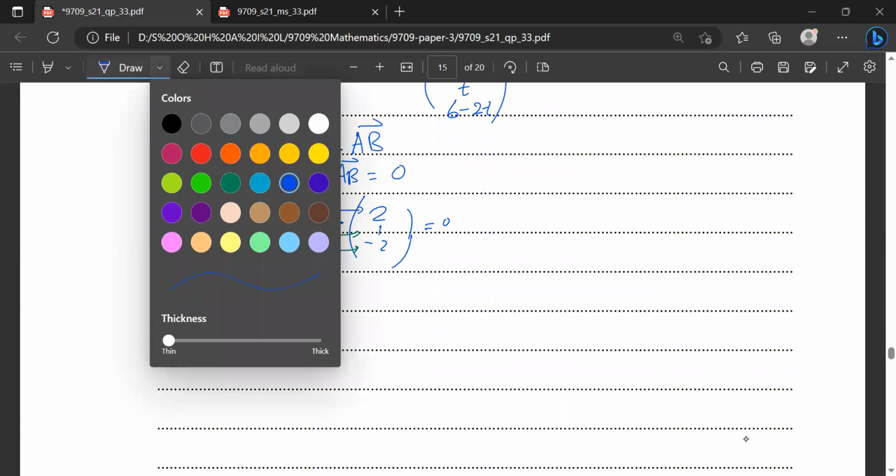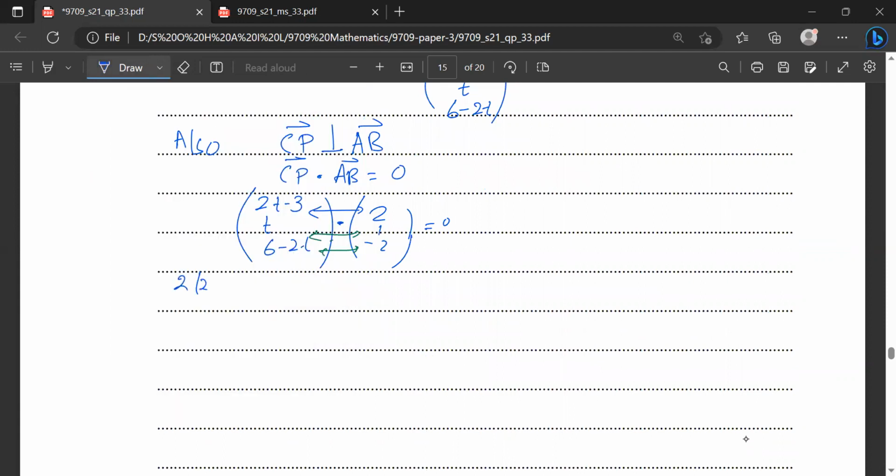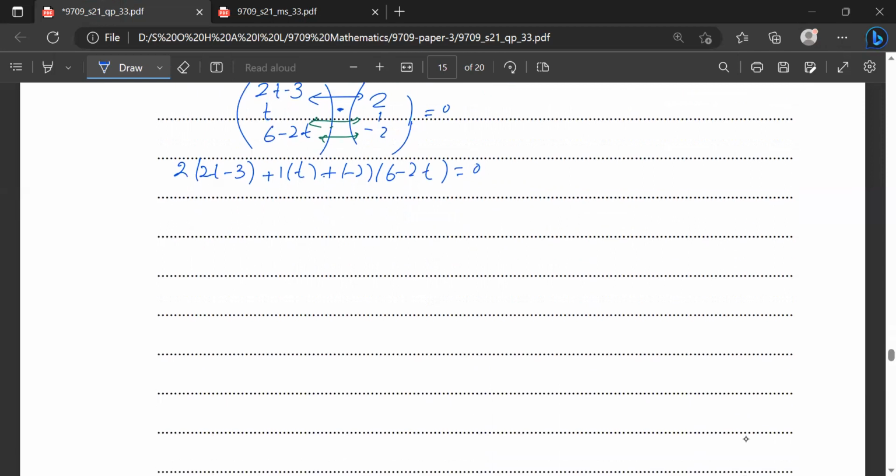Next is 2 into 2t minus 3, plus 1 into t, plus minus 2 into 6 minus 2t, is equal to 0. And 4t minus 6 plus t, then minus 12 plus 4t is equal to 0. 4 and 4, 8, and 1 makes 9t. 9t minus 18 is equal to 0.